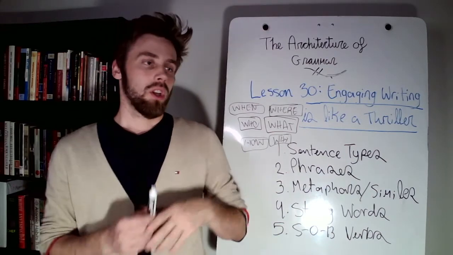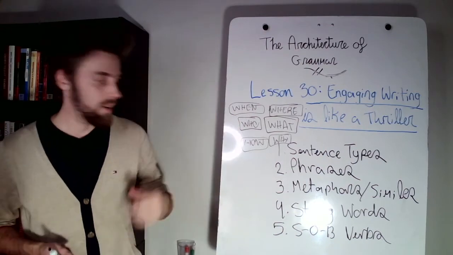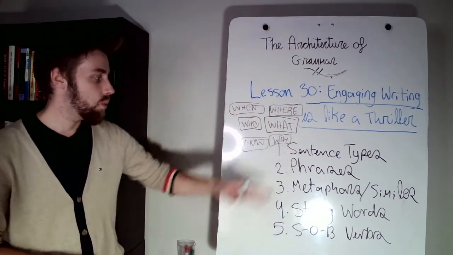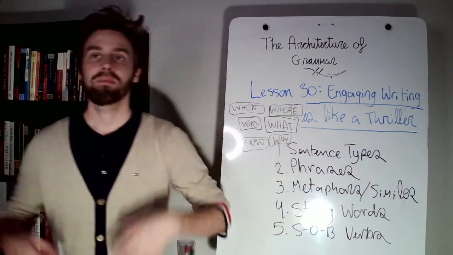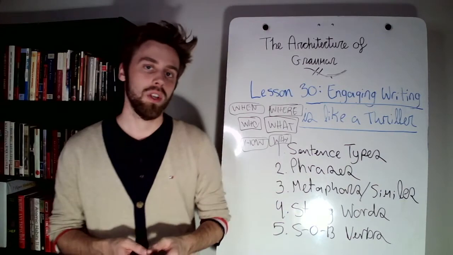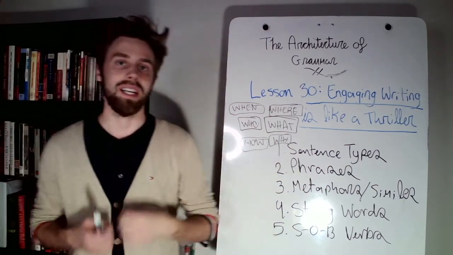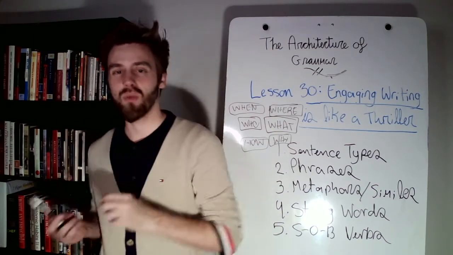But the thing about the phrases, about the how, the why, the when, the where, it's not necessarily that simple to make your writing really engaging. What you can do is use metaphors and similes. These are devices that you use in order to make your writing more beautiful. A metaphor is essentially a comparison that is not really a comparison.